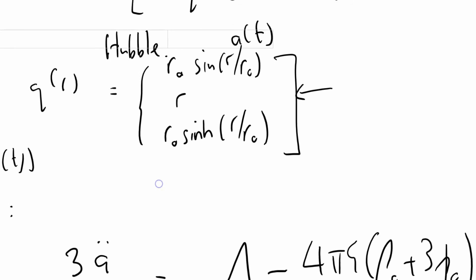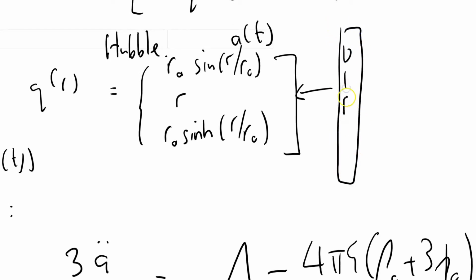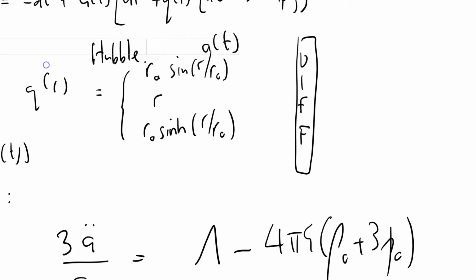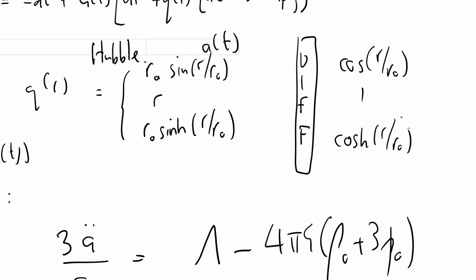So we've got this formula here, and what I'm going to do is differentiate it, and then I'll differentiate it again. So q of r equals that. Differentiate once, we get the differential of sine is cos r over r0. The differential of r is just 1, of course. The differential of sinh is cosh. So that comes out to be cosh r over r0.